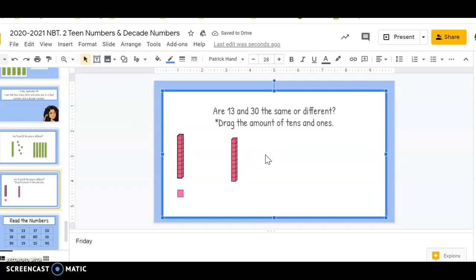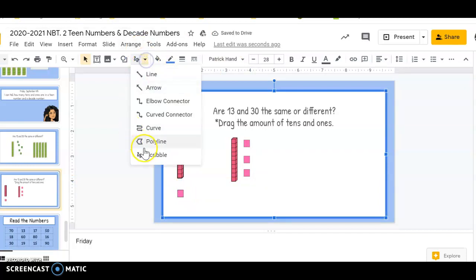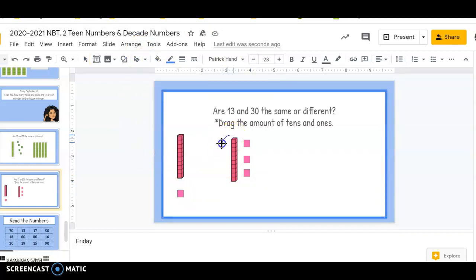Now I'm wondering how many ones I need left over. If you said 3, kiss your brain. 1, 2, and 3. Okay, then I'm going to scribble a little box around it so that I know that this right here is 13.